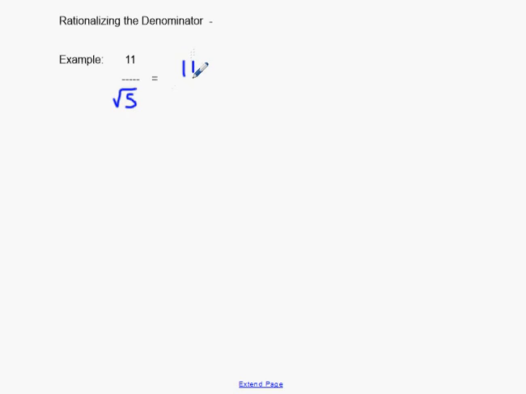So what we do is we take our starting fraction, 11 over the square root of 5, and multiply both numerator and denominator by the radical in the denominator, which is square root of 5. Now, 11 and 5 are not both under the radical sign. So when we show that they're being multiplied, we just write them close together and write 11 square root of 5.